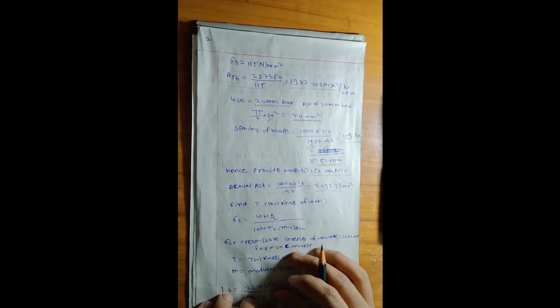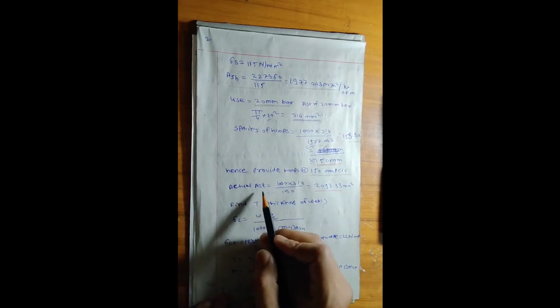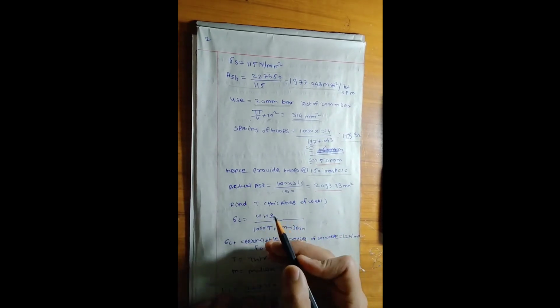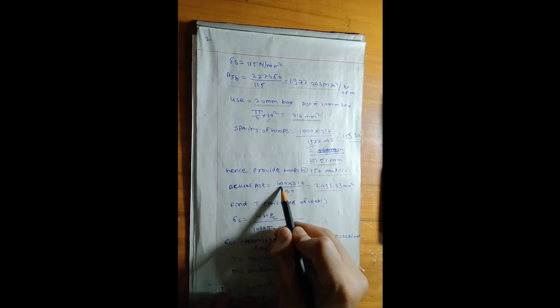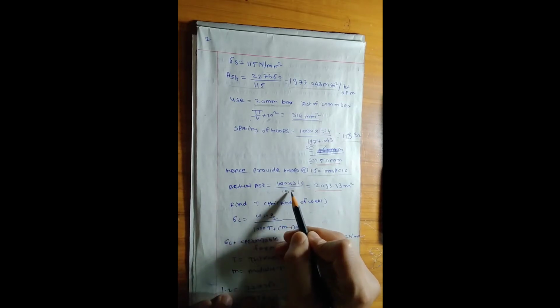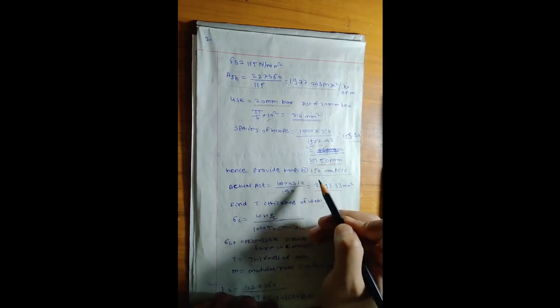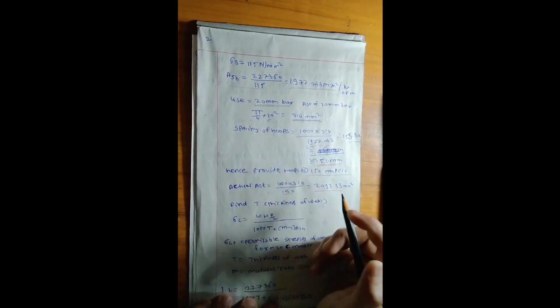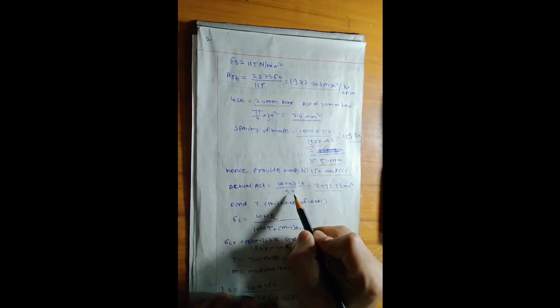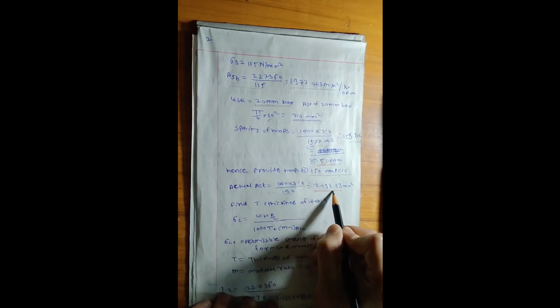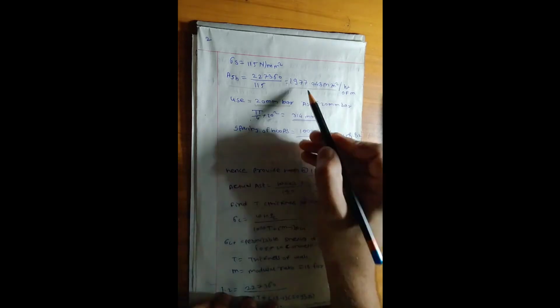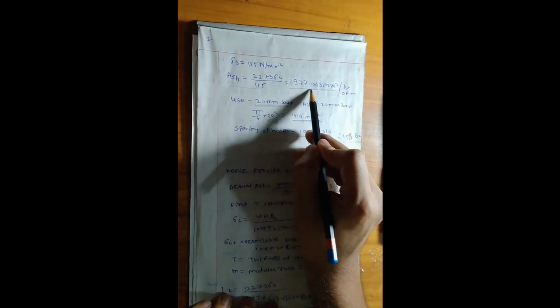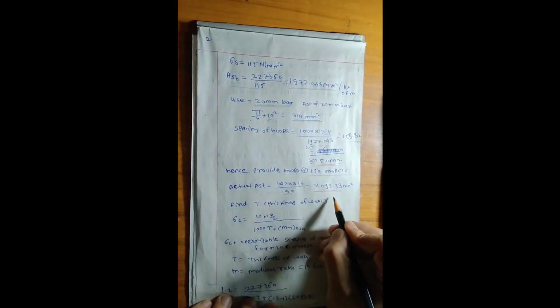Now the steel actually provided is 1000 into 314 divided by 150, which is 2093.33, and we required 1977. That means we are on the safer side.